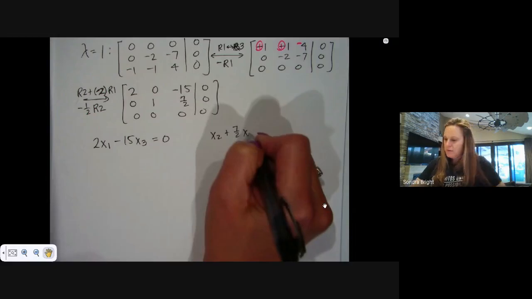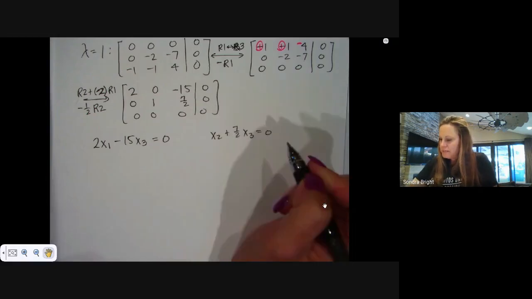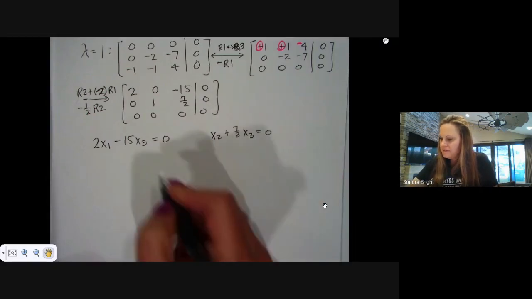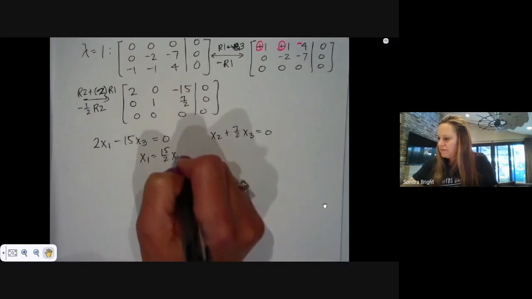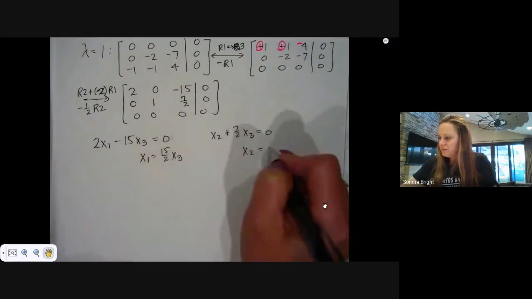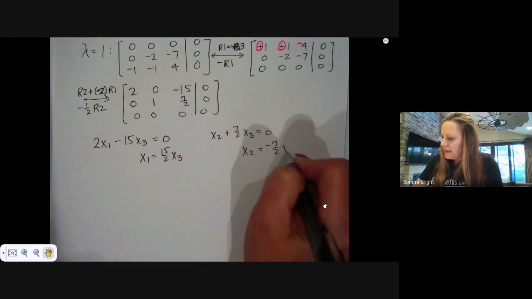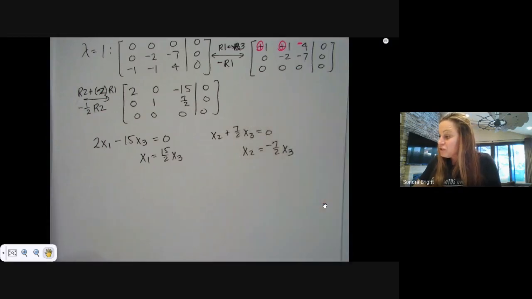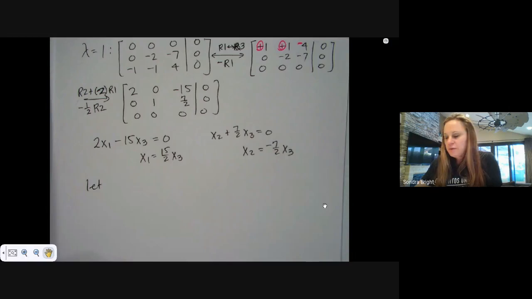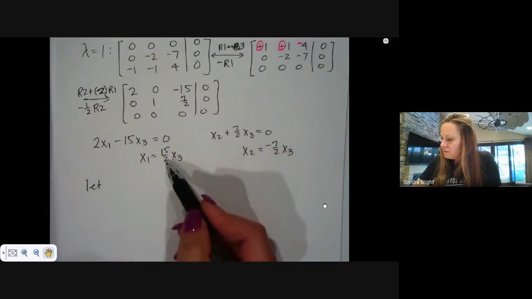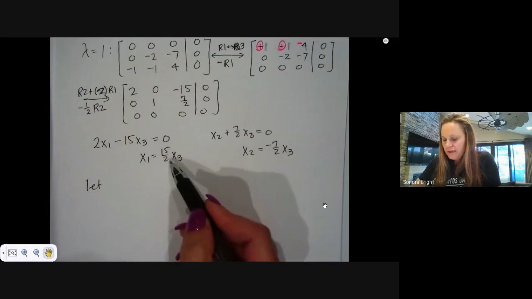So you end up with x1 equal to 15 halves times x3, and x2 would be -7 halves x3. So we're going to let x3 equal 2 times a, then I don't have to deal with fractions, which is nice and friendly.